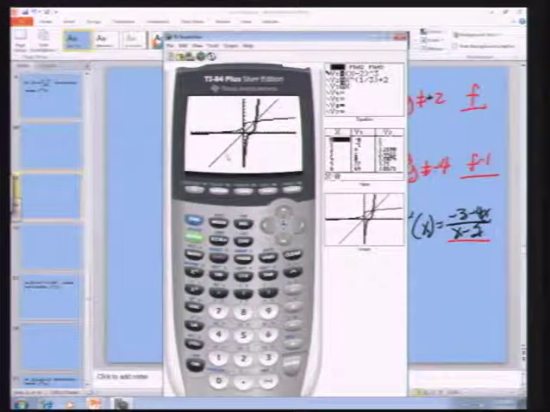Think about folding the graph down this line right here. Wouldn't this fall on this, and this would fall on this, and this would fall on this? That's a quick way to check and see if your main function has the inverse that you found, because if it does, it will fold over on each other when you put y equals x in the middle. So that's something kind of interesting to know.